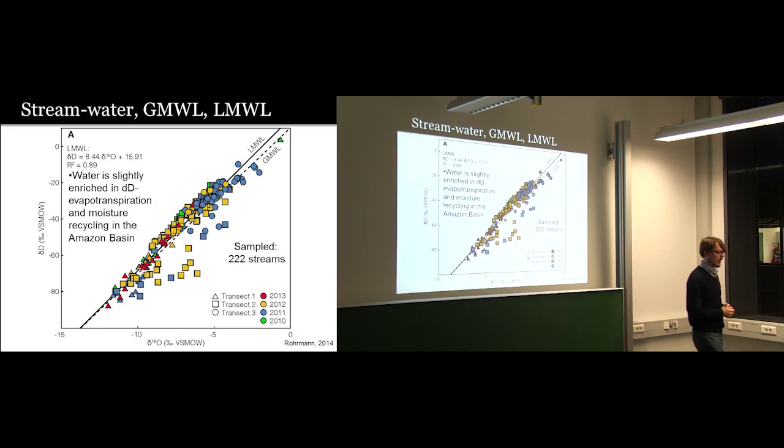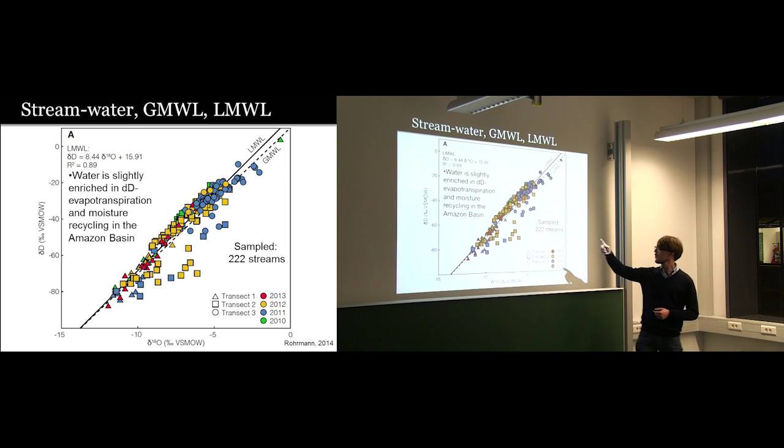On the next slide, these are all the results from all three transects I showed you on the previous slide. We sampled from 2010 all the way up to 2013, so over several years, but always in December, January, February, when about 80 to 85% of the precipitation falls. In the summers you usually have very little precipitation here.